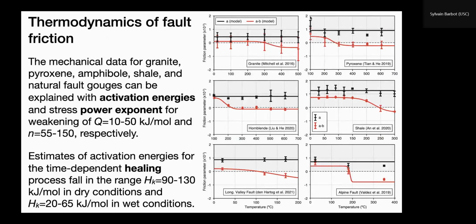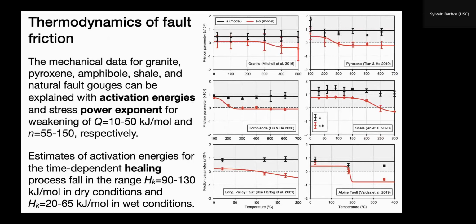So overall, we find the activation energy for the direct effect between 10 and 50 kilojoule per mole, with power exponents between 55 and 150. And the activation energy for the healing mechanisms vary quite a lot.